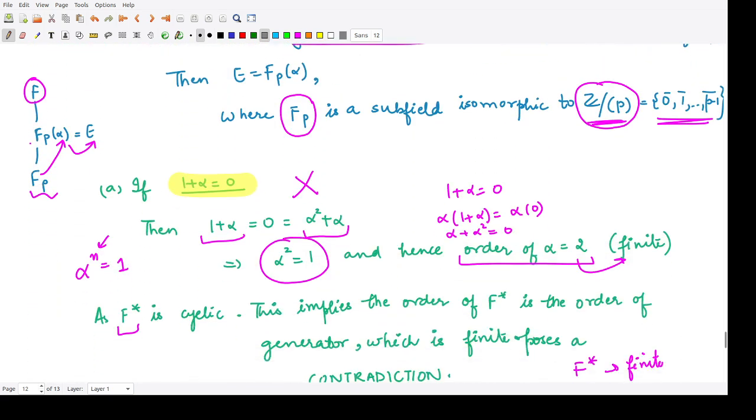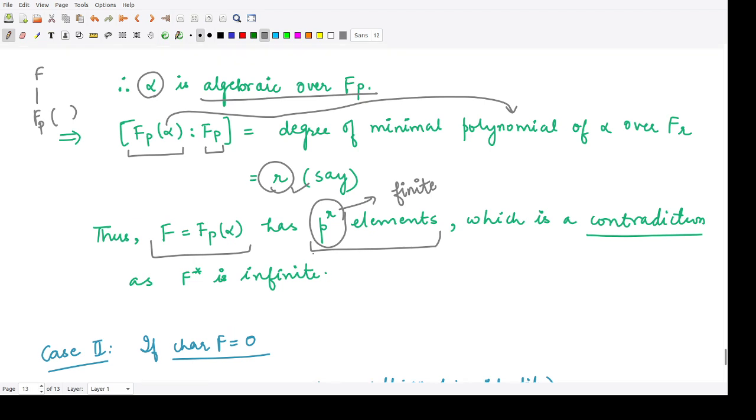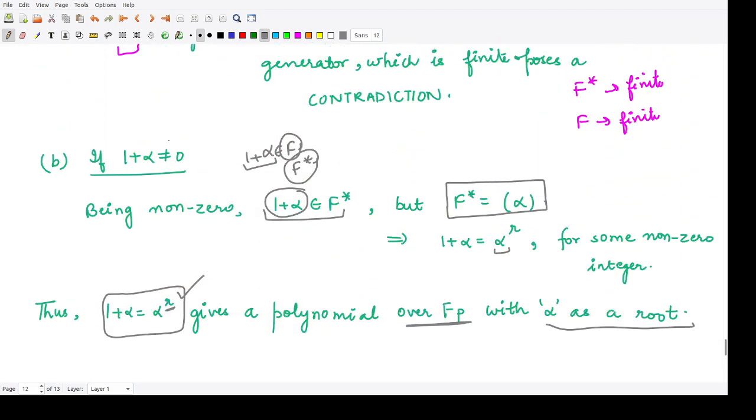So in this case, by the previous result, the extension field would have p to the power r elements within it, which is a contradiction, because p to the power r elements are also finite in nature, but we have assumed in the very beginning that this is an infinite field. So this case is also not possible.